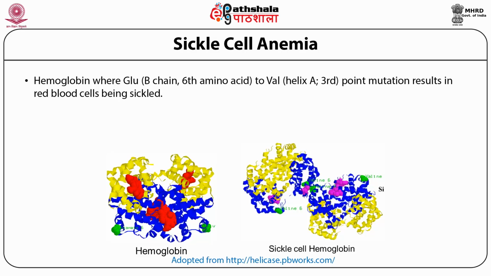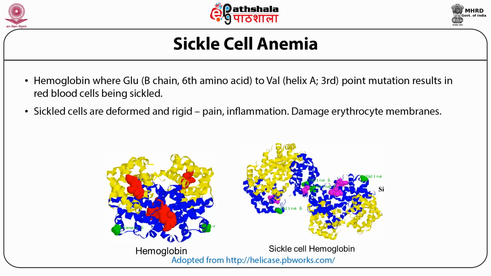This point mutation results in red blood cells being sickled, and that's why it's called sickle cell anemia. These sickle cells are deformed and rigid, which causes pain and inflammation, and also damages the erythrocyte membranes, due to which this hemoglobin cannot carry any more oxygen.